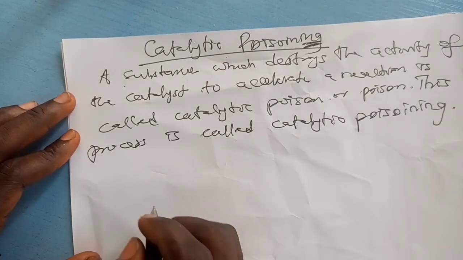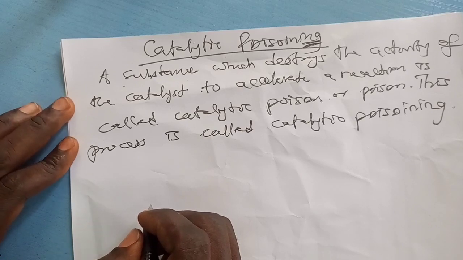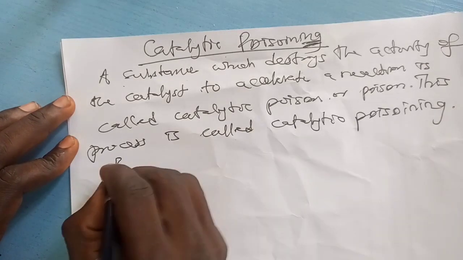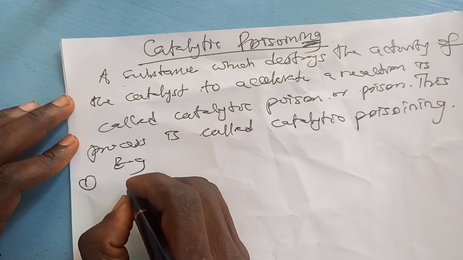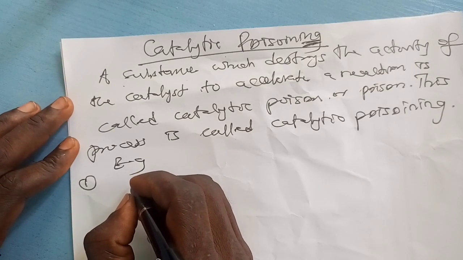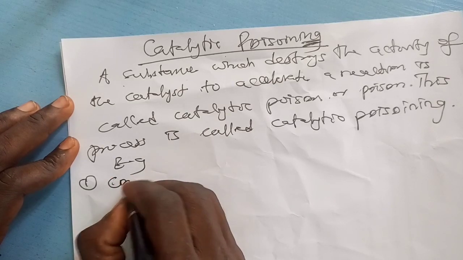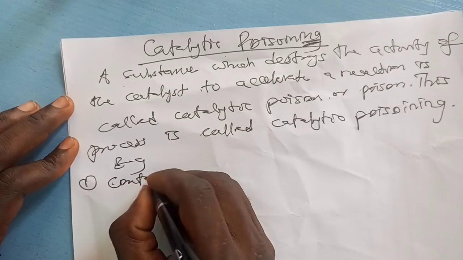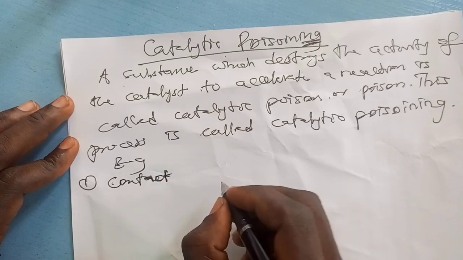Please understand, okay? That is how you can define a catalytic poison. Now, I want to give some examples of catalytic poison. Example one, you have in the contact process. Go to my first video, Catalysis 1.